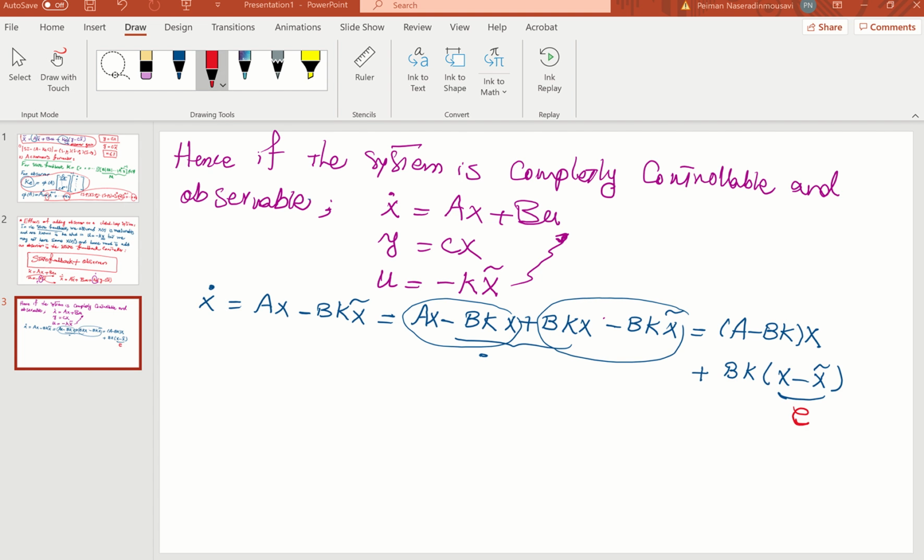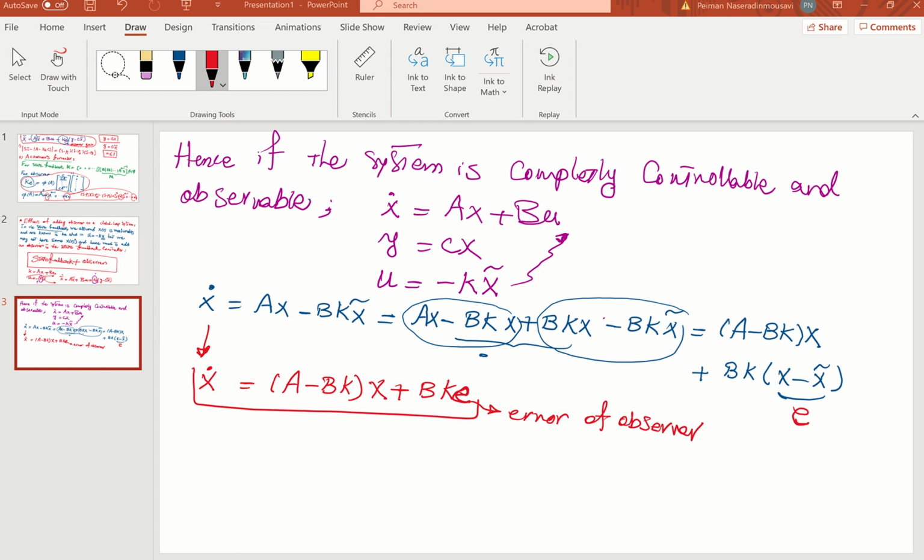The error signal between the estimated vector and the real vector that you are measuring. So this equation you can write like this: x dot is equal to A minus BK in x plus BK in e. This e is the error of the observer. This is equation number 1.